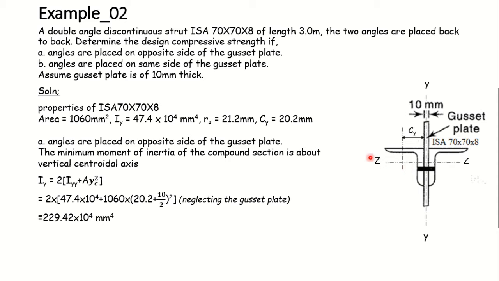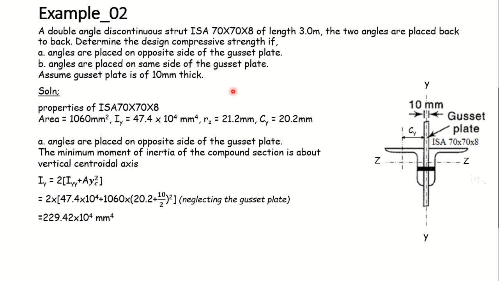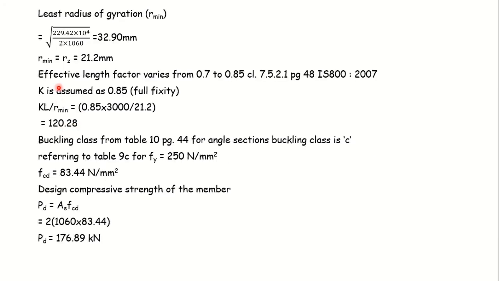So when you calculate the radius of gyration, Iz of the double angle section divided by the total area is 2 × Iz divided by 2 × A. It is nothing but Iz by A. That will again give back the rz value for the single angle section, which is 21.2 mm.